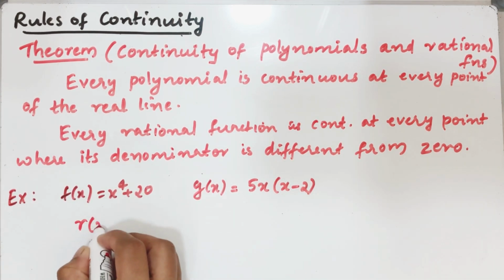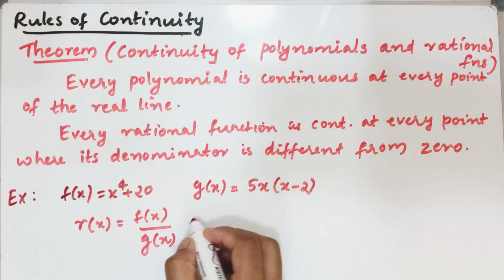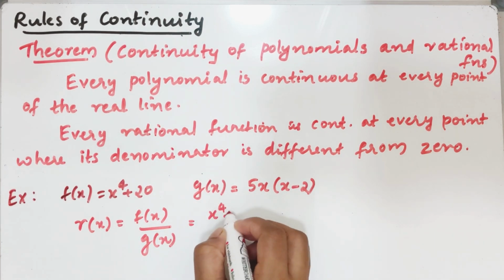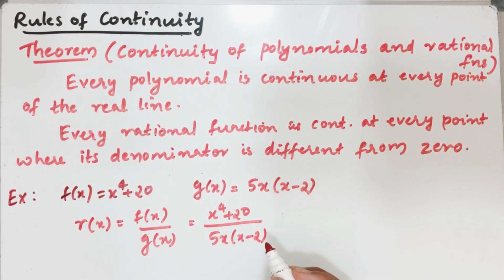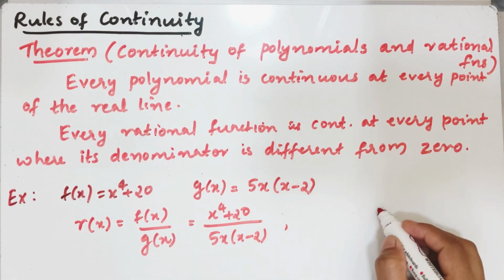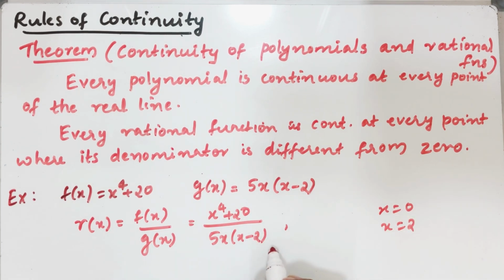Also, the function r of x is equal to f of x by g of x, a rational function, which is equal to x raised to 4 plus 20 by 5x into x minus 2. Here the denominator is 0 when x is equal to 0 and x is equal to 2. So except these 2 points, the function is continuous, or we can say r of x is continuous at every point except x equal to 0 and x equal to 2. At these 2 points, the denominator becomes 0.